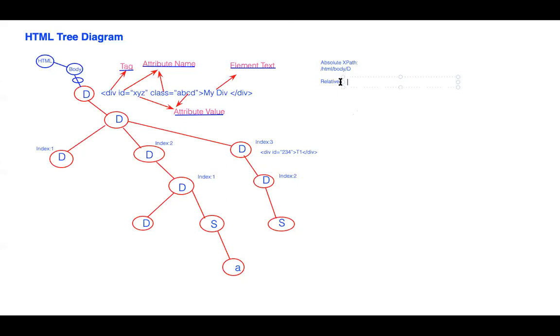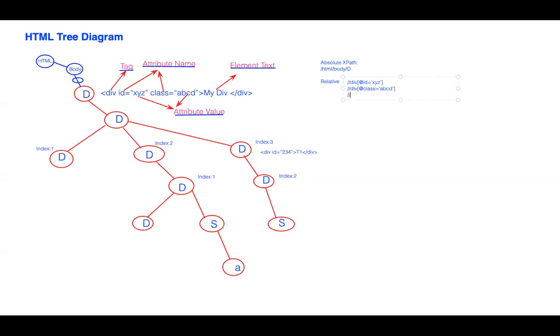So I can simply write double slash. I'll tell you what double slash is. Then the name of the tag, which is div, then bracket open, and inside that I write @id. @id means that I am pointing to an attribute, is equal to its value, in quotes. I can do this, or if class is unique, then I can do div @class is equal to, in quotes, ABCD.